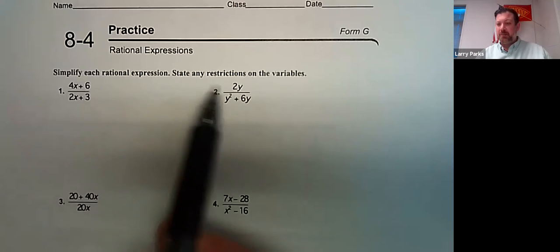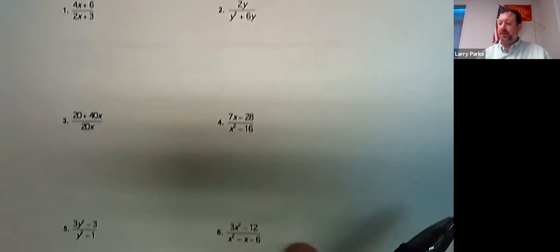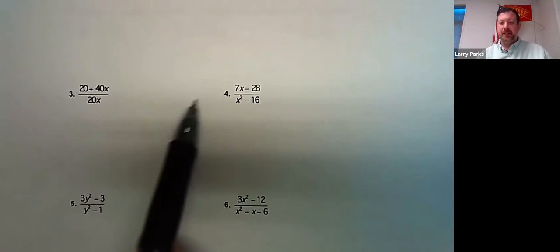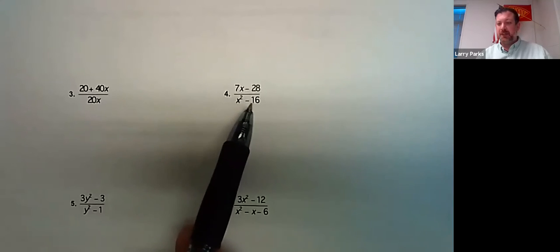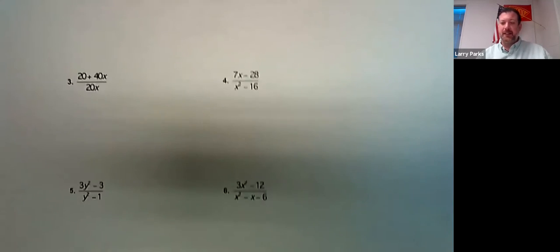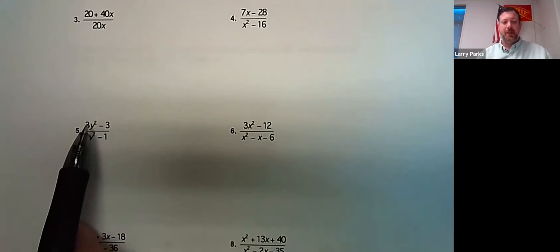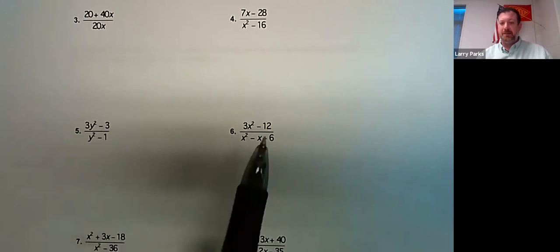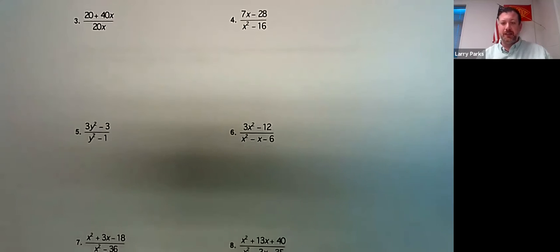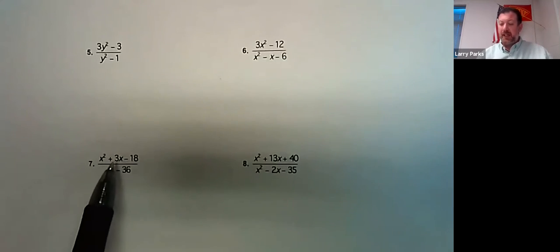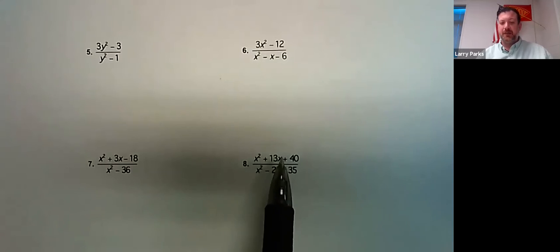These are GCF problems, the first two. GCF, GCF. This is a perfect square, x squared minus 16. Number 5, looks like a GCF problem. GCF, A is 1. A is 1. Difference of two squares. A is 1, A is 1.